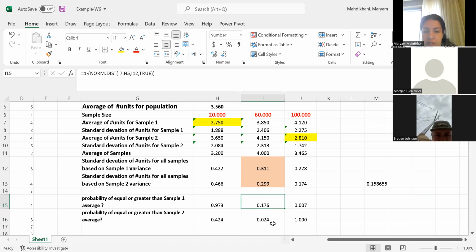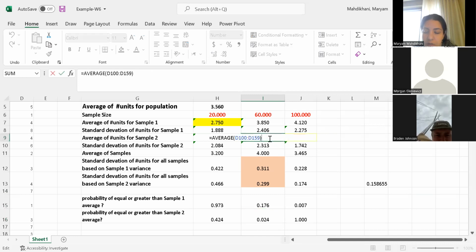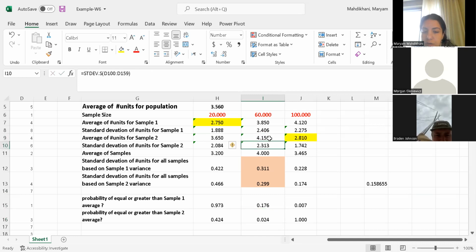I do the same calculation when I want to calculate the probability if I choose any sample that has the average equal to the average of sample 2 or greater than that. What was sample 2? Sample 2 was here. It was 4.15. So I want to see the probability that I choose any sample that has 4.15 as its average or even greater than 4.15.